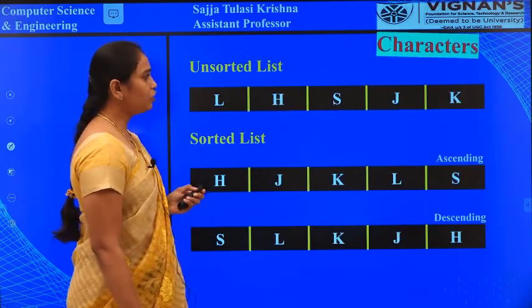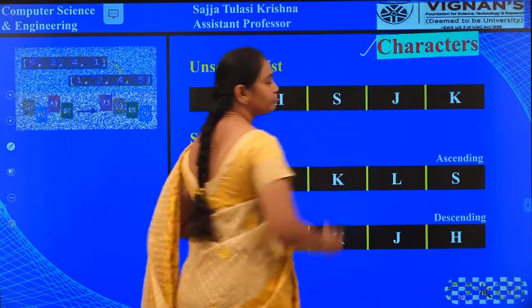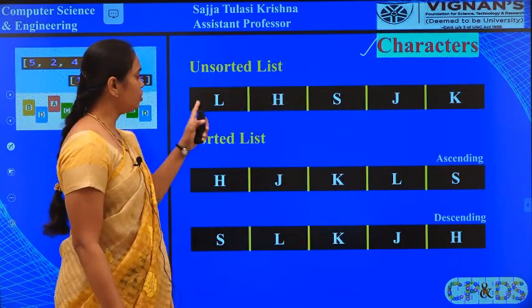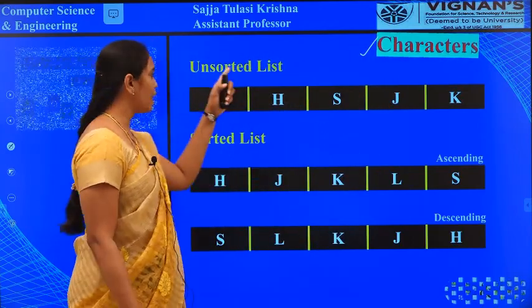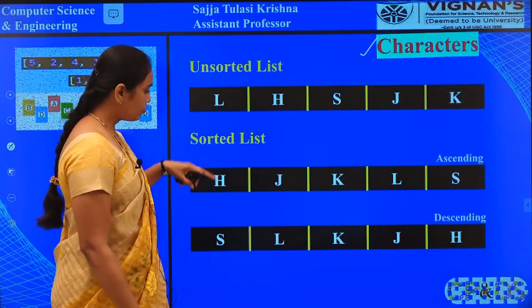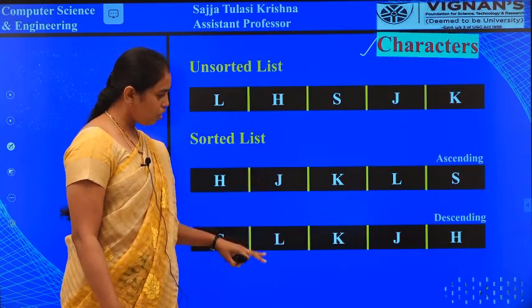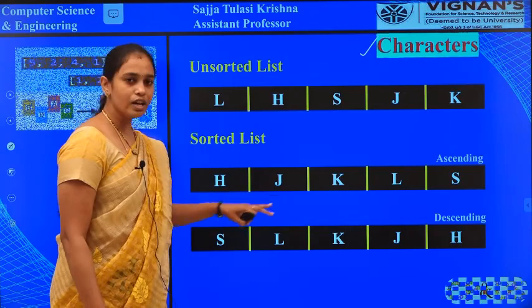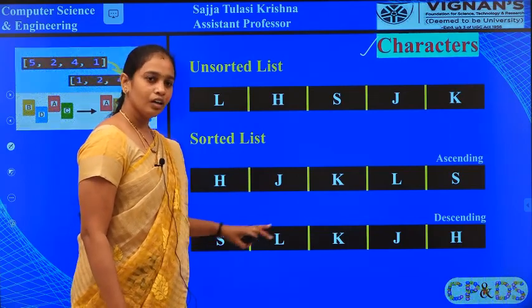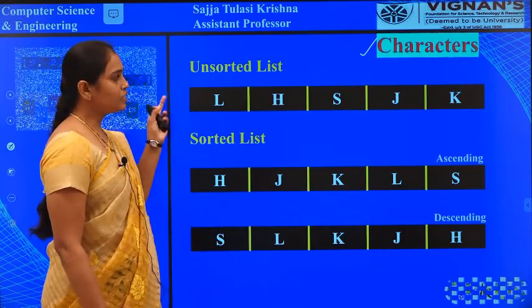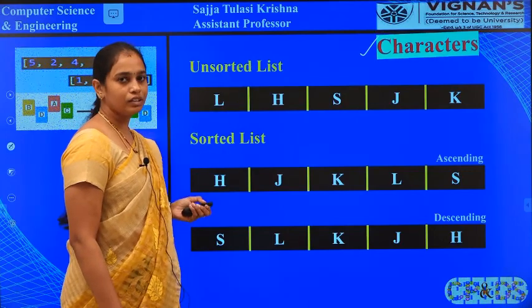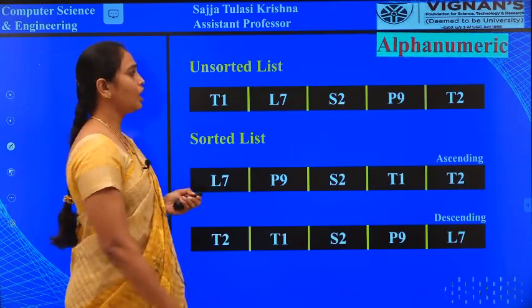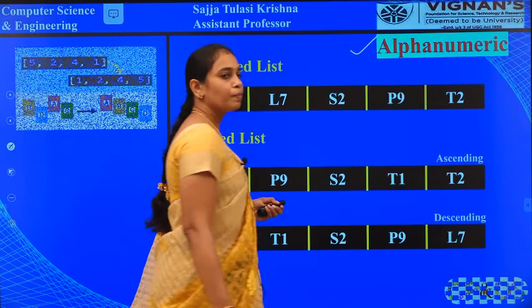Now coming to characters. Here also the list is in unsorted order. After sorting, either ascending or descending, the characters are arranged in order. This is the example for characters. Now coming to alphanumeric values.